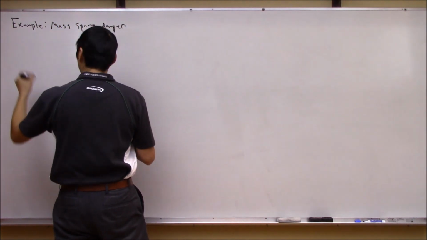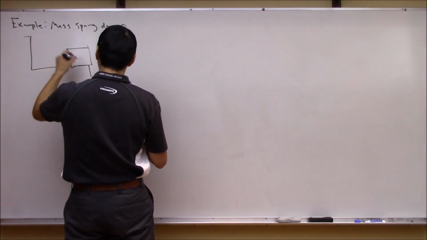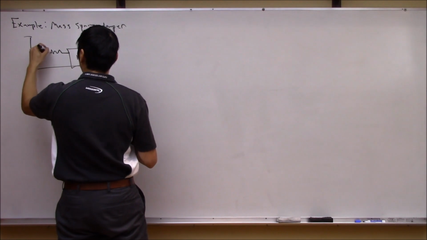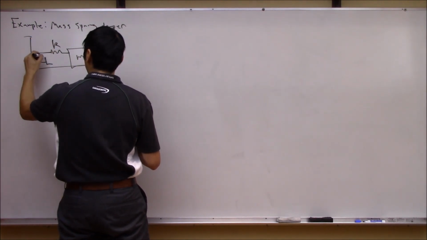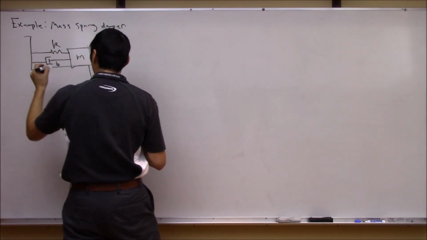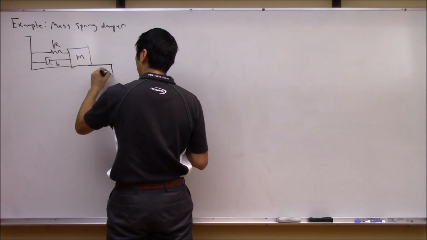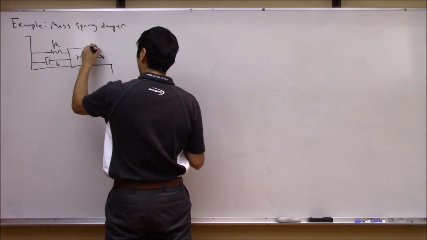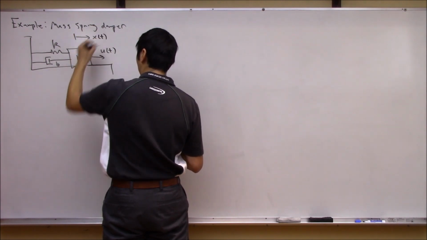Just to refresh your memory, this was your classical linear ordinary differential equation system. It's just a mass hooked up to a wall with a spring with spring constant K and through a linear damper with damping coefficient B. And what we were going to do with this block here is apply some force u of t on it, and measure the deflection x of t of this block.